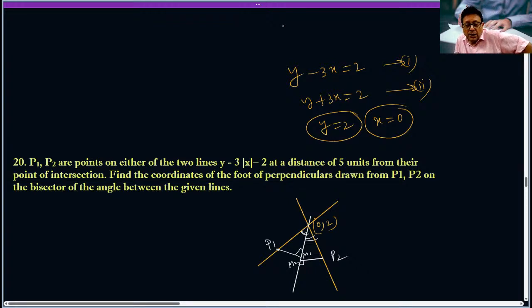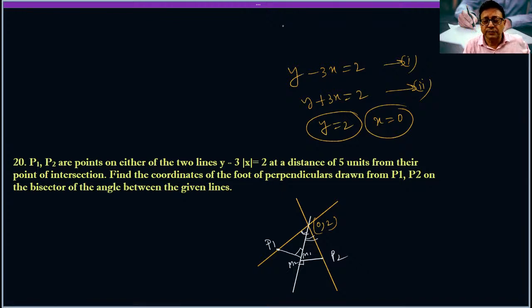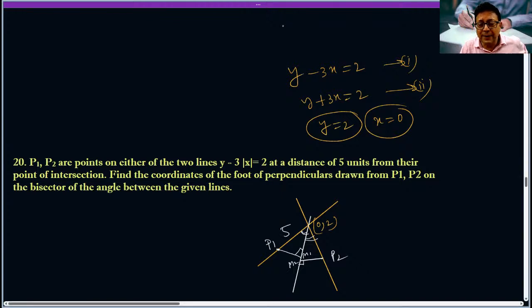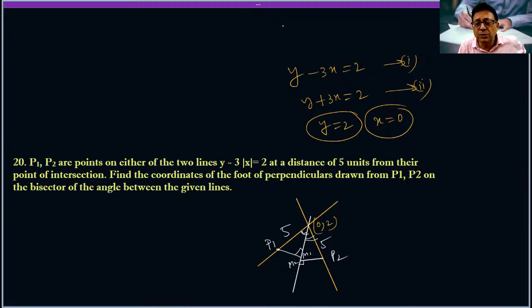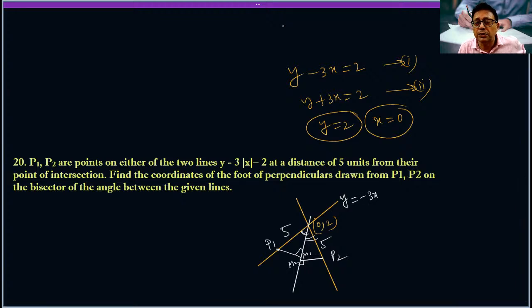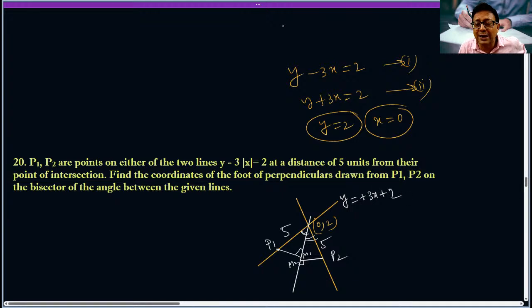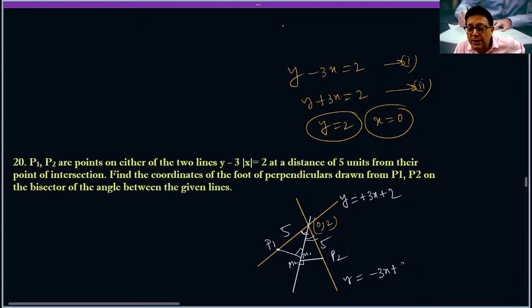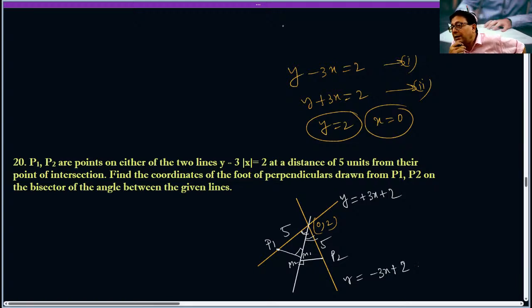How to do it? Don't use formula. This is 5 unit, this is 5 unit. This line is y equal to 3x plus 2, one line, and this one is minus 3x plus 2, the second line.